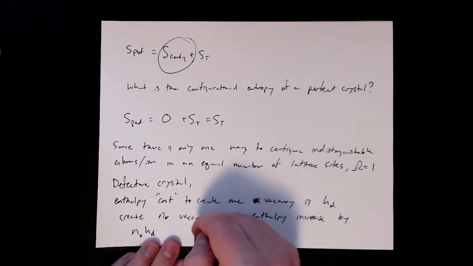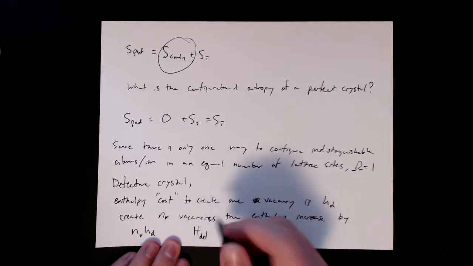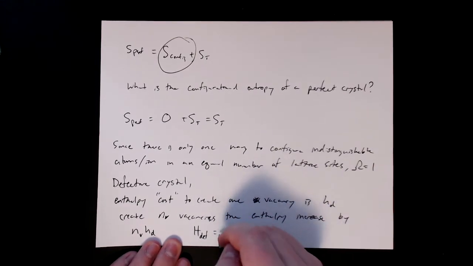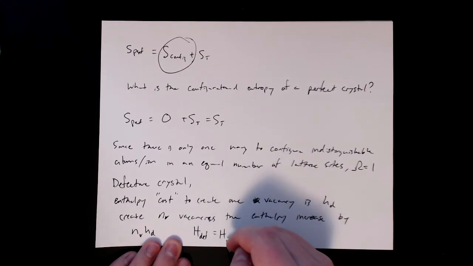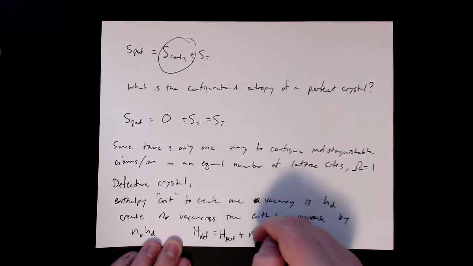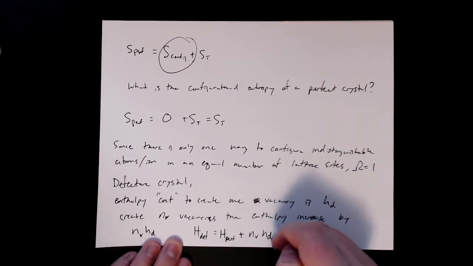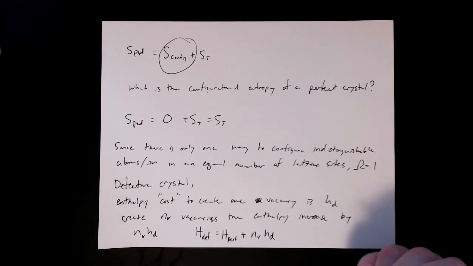And so the enthalpy of the defective crystal would be equal to the enthalpy of the perfect crystal plus n_v times h_d. All right, so that's the enthalpy.